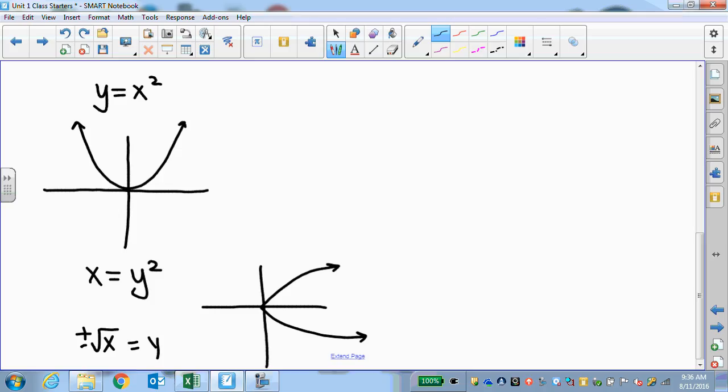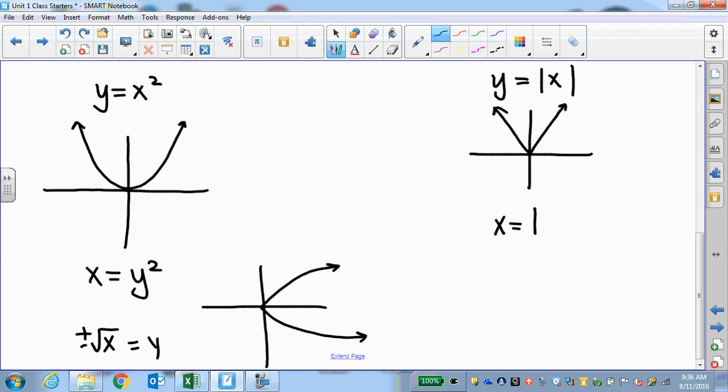And the same thing's true of absolute values. You know what y equals the absolute value of x is. That's the V shape. But what do you think x equals the absolute value of y might be? A sideways V. Exactly. Not a function. Really what's happening is there are x values that are giving me two different y values.